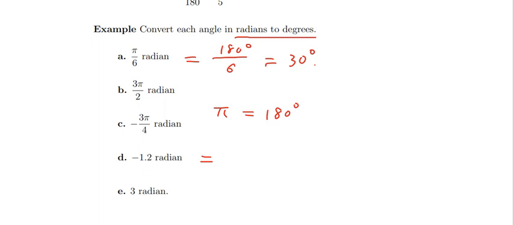I'll keep it negative: 1.2 divided by pi, times pi. So this pi, I replace with 180 degrees.